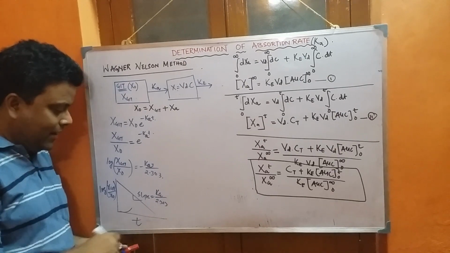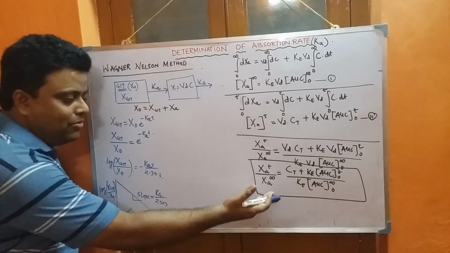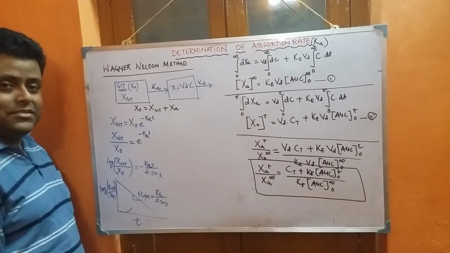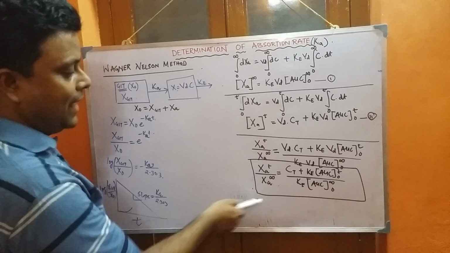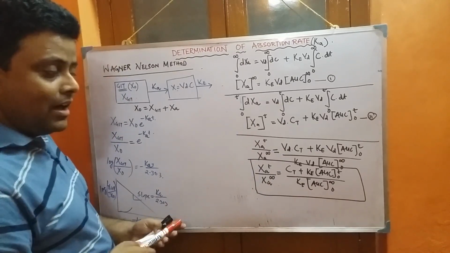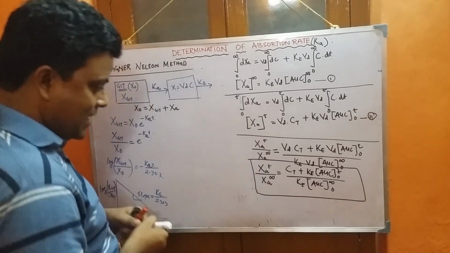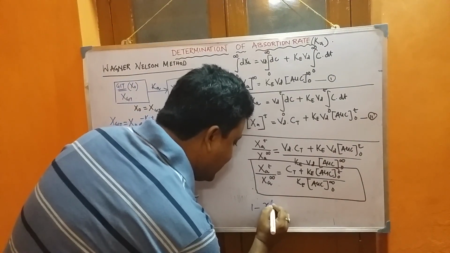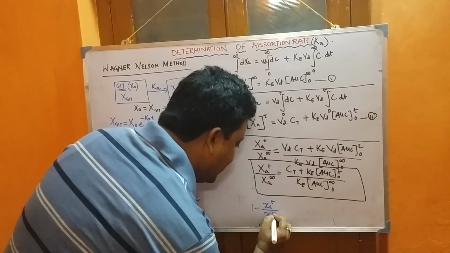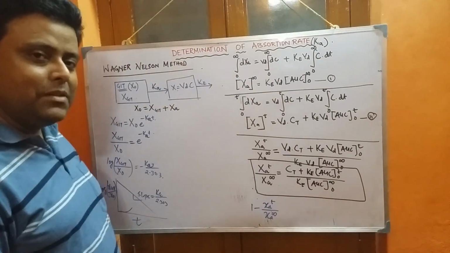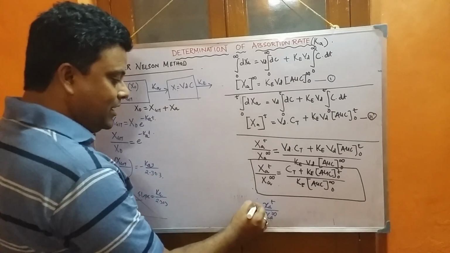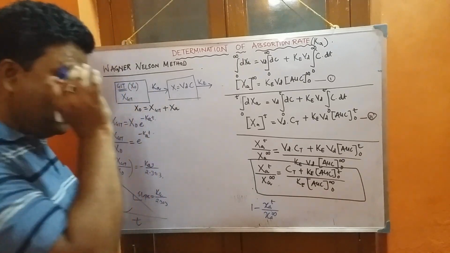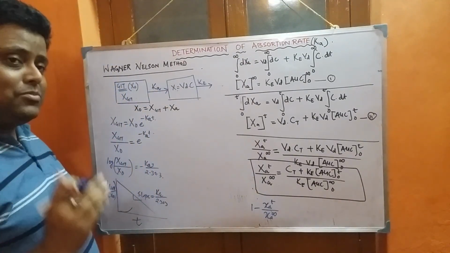Now you will be saying, sir, what is the correlation between what you derived over there and what it is over here? There is a connection and I can make it connected. What I told you, this is the fraction of the drug which is unabsorbed. Now if I make it 1 minus XAt by XA infinity, that means XA infinity minus XAt by XA infinity, this will give you the fraction of the drug which is unabsorbed.